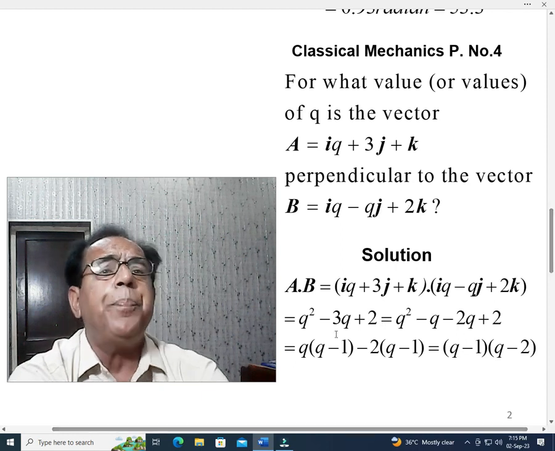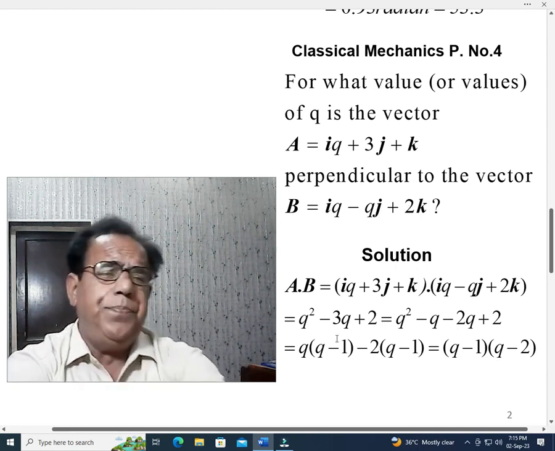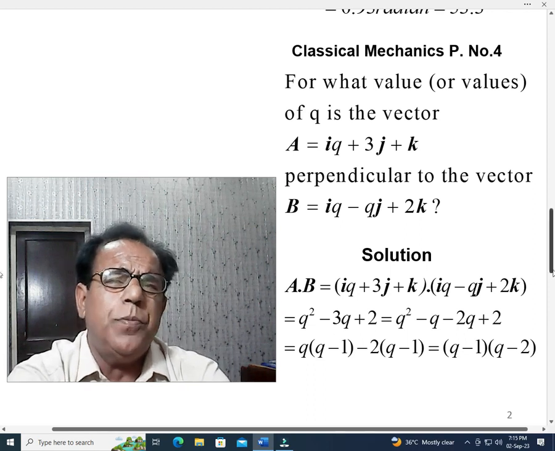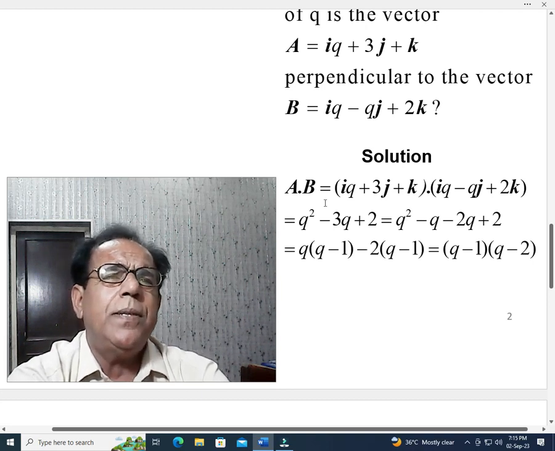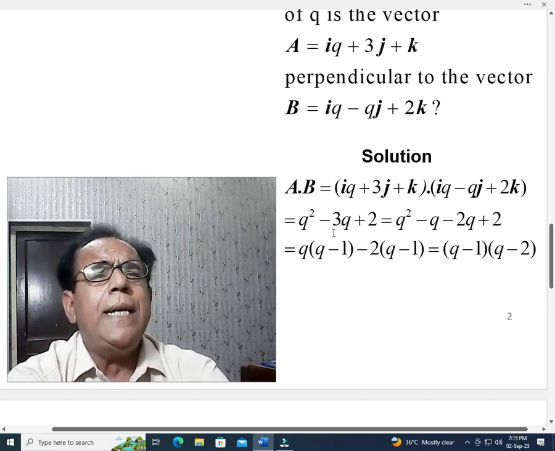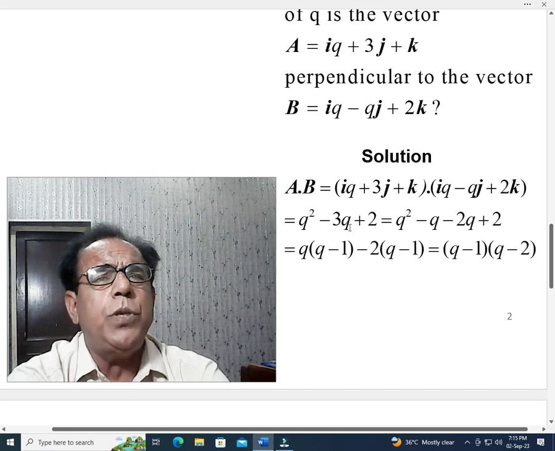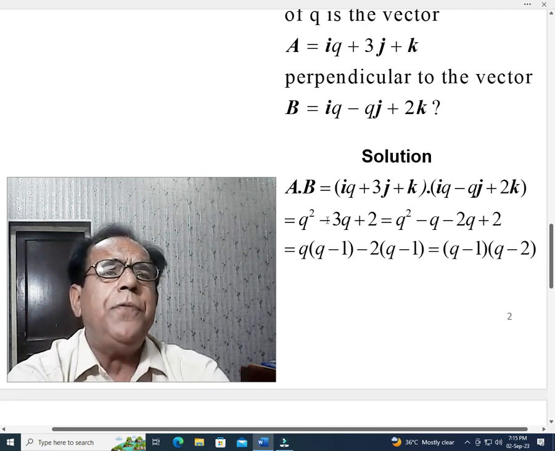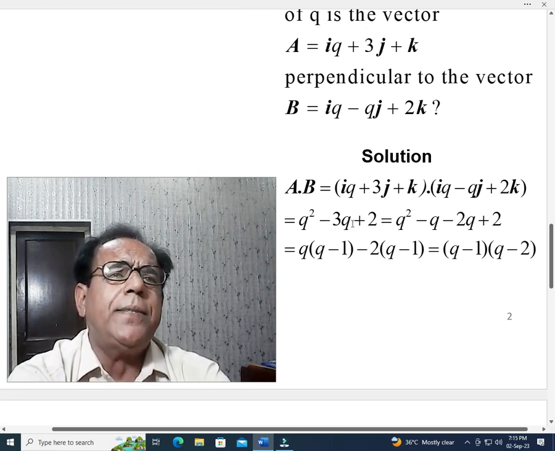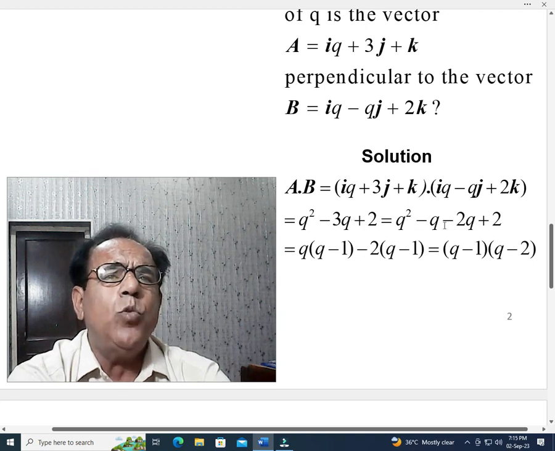So this is 2. Now, according to primary school mathematics, we can write this minus 3q as minus q minus 2q. There is no difference between minus 3q or minus q minus 2q.